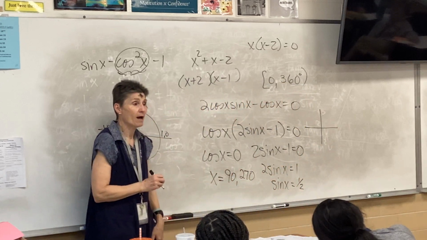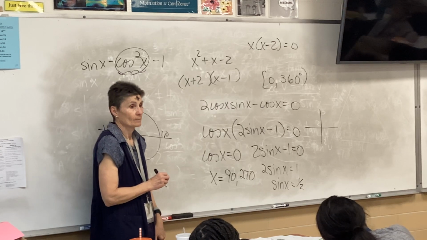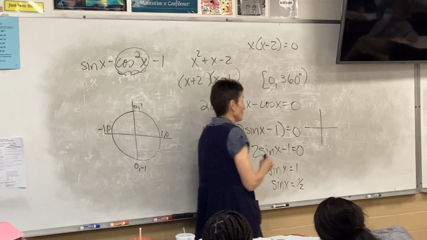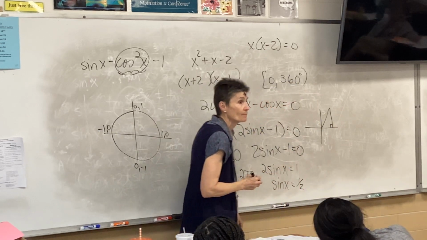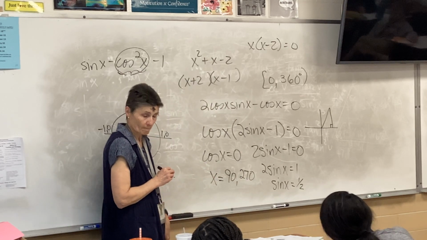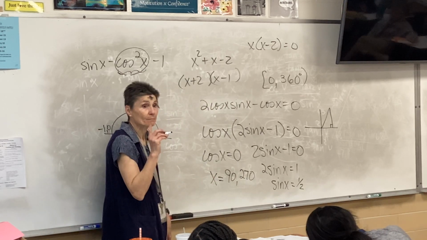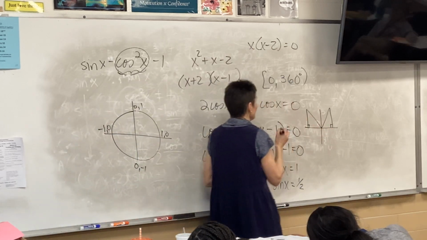Where is the sine 1/2? Quadrant 1 for sure, because everything's positive there. Where else? Quadrant 2. Yep. Sine is positive in 1 and 2.